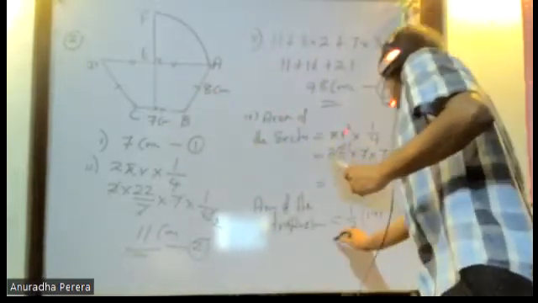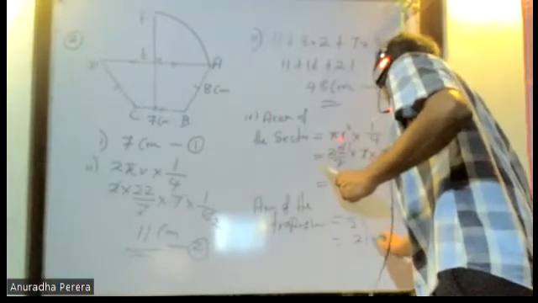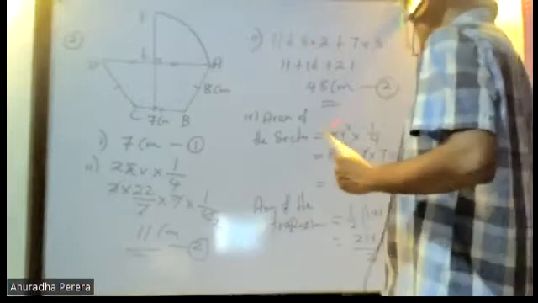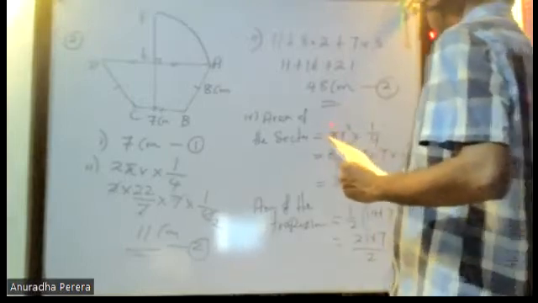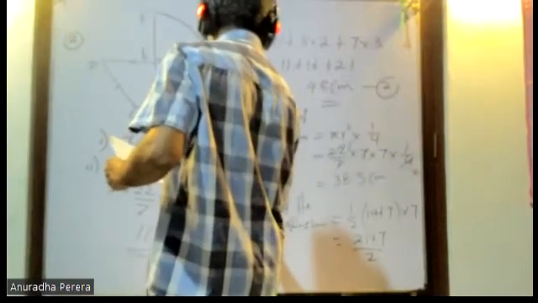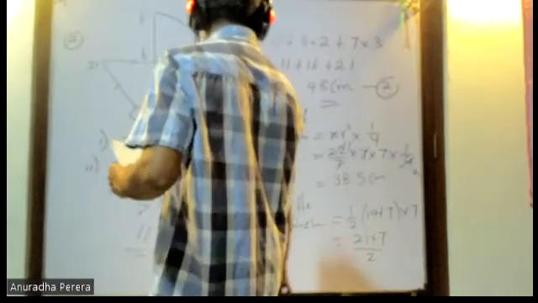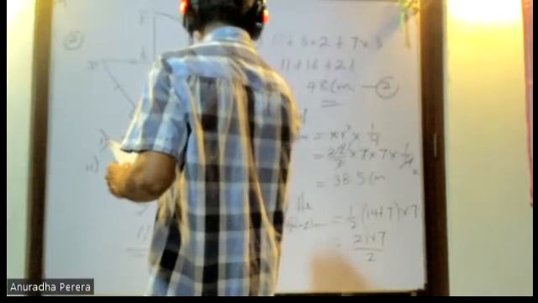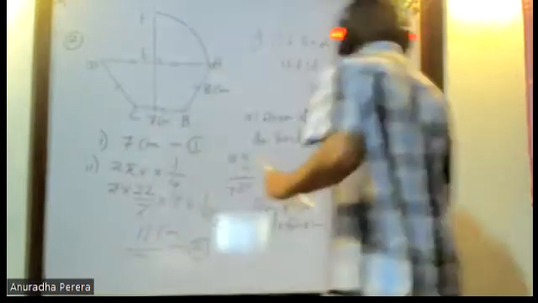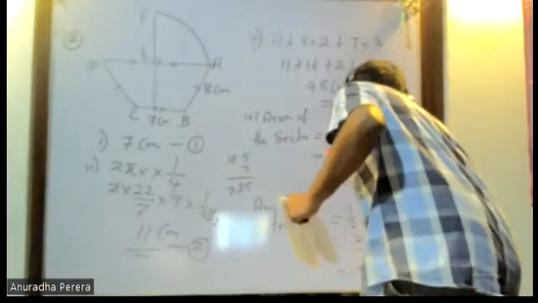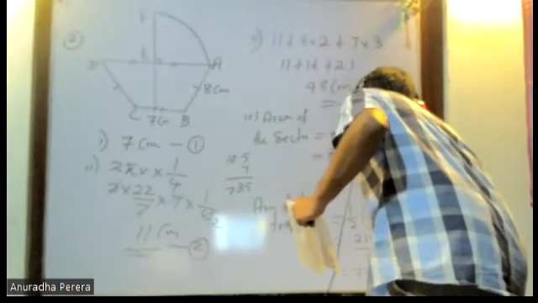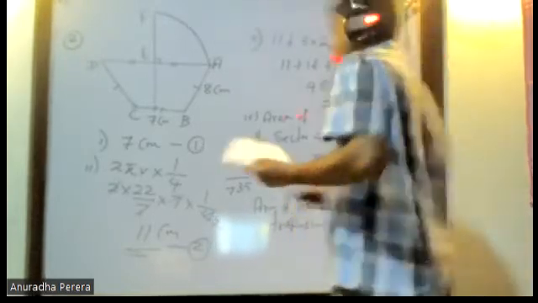Then simplify with 21 into 7 over 2. 10.5 into 7 is 73.5 square centimeters.